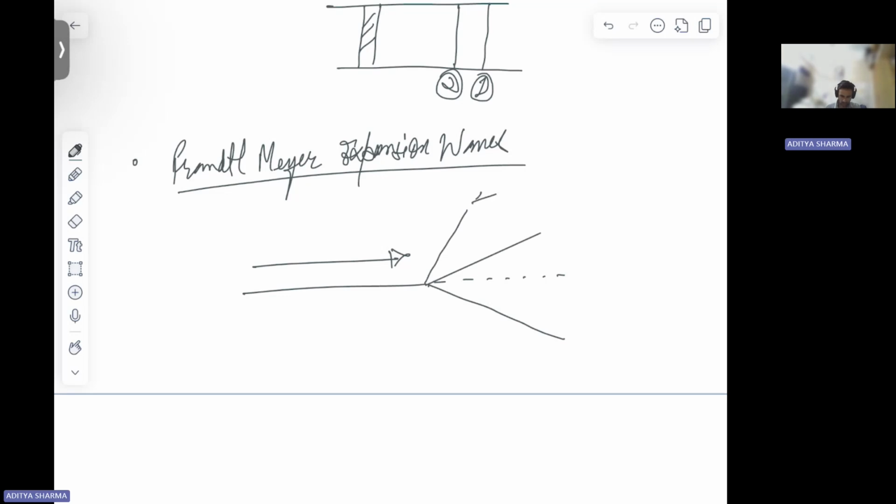So this is going to be an expansion fan with a series of expansion waves. This will be the start of the expansion fan. This will be the end of the expansion fan. The angle between these two expansion waves, the start and the end, is phi, which we call the fan angle. Now the forward Mach angle is this, which is mu m1.